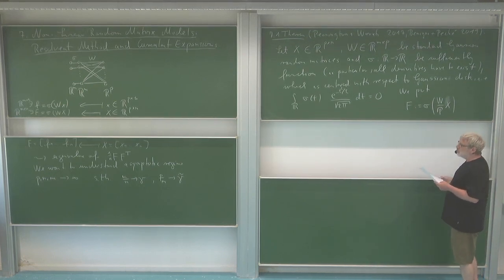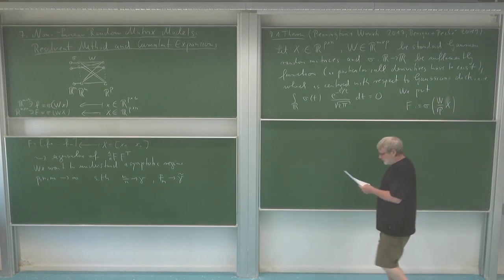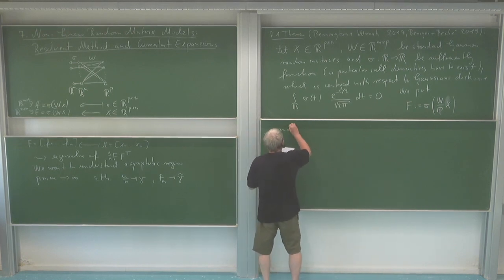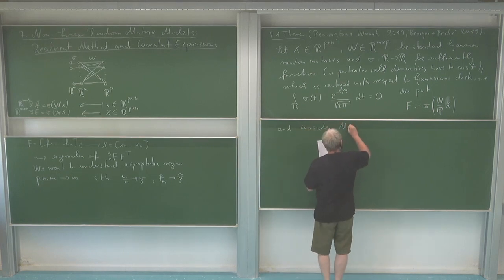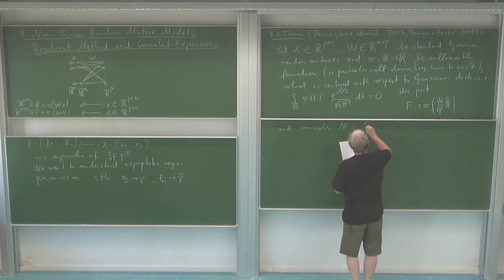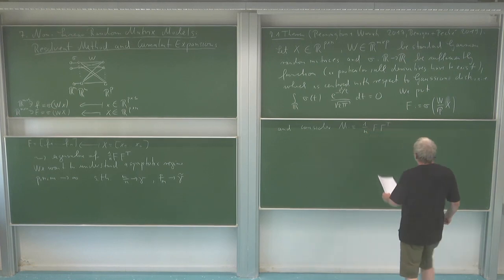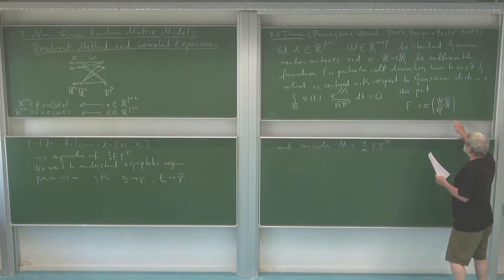And we want to look at this covariance estimator in a sense. Let me call this M. So M is just this 1 divided by n F F transpose. And maybe let us also see what matrices we have here.